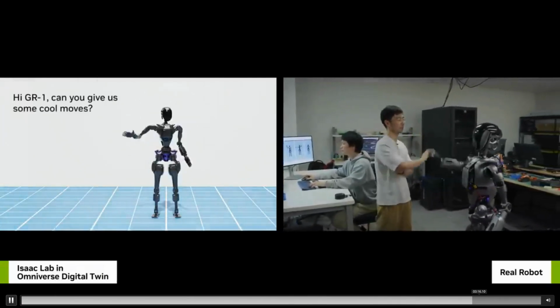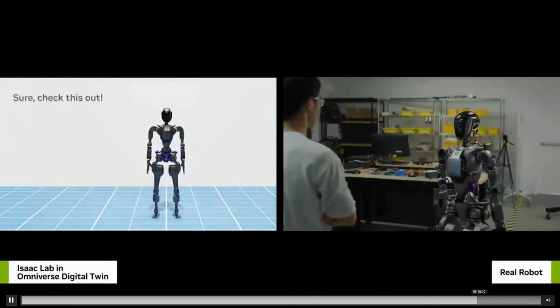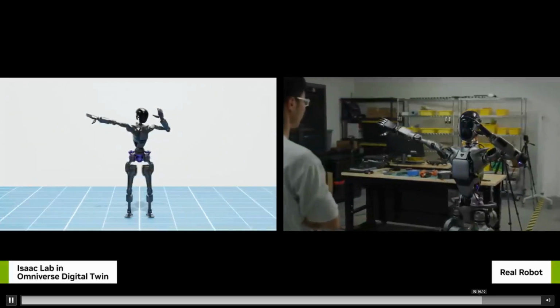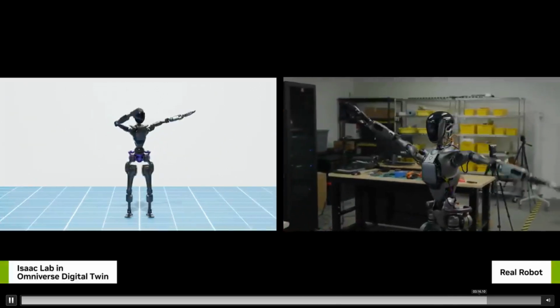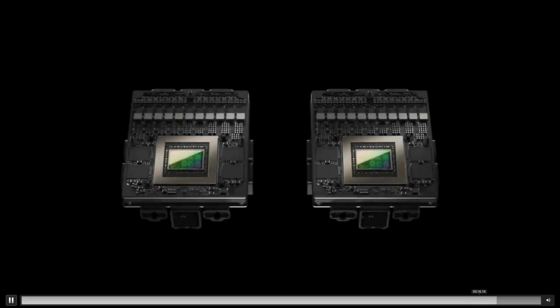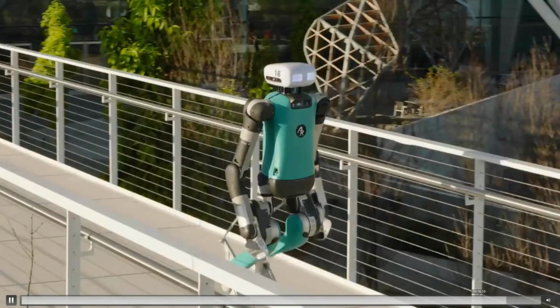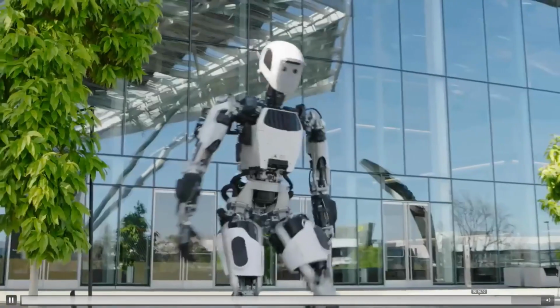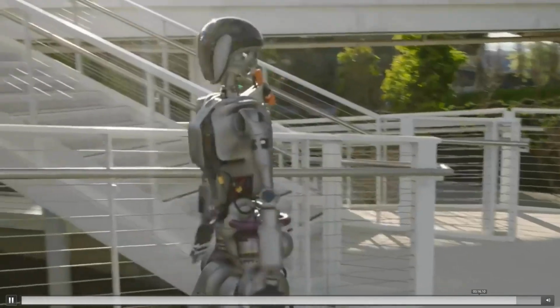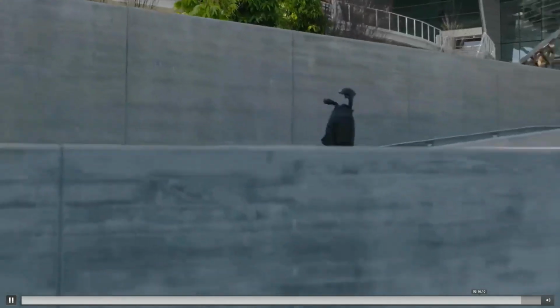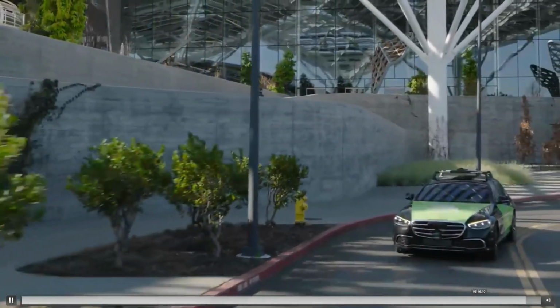Can you give us some cool moves? Sure. Check this out. All this incredible intelligence is powered by the new Jetson Thor robotics chips, designed for GR00T, built for the future. With Isaac Lab, OSMO, and GR00T, we're providing the building blocks for the next generation of AI-powered robotics.